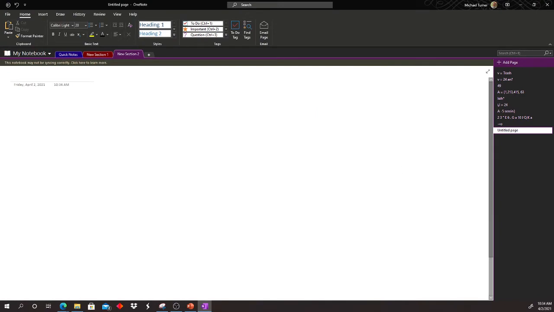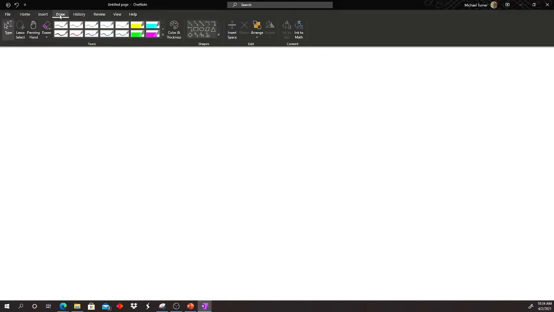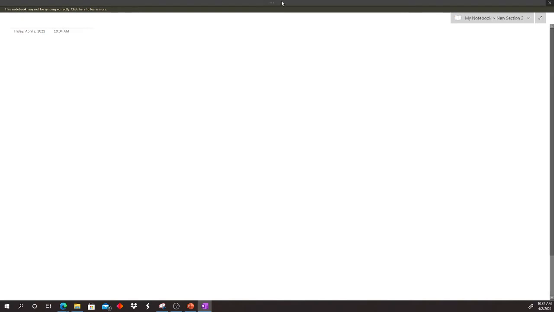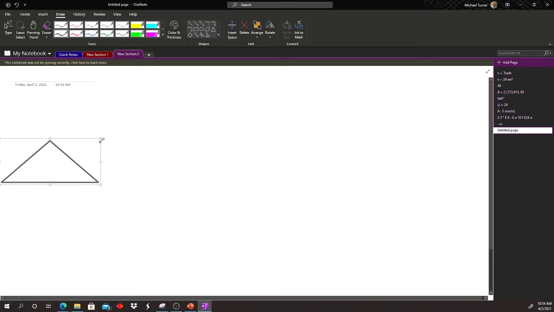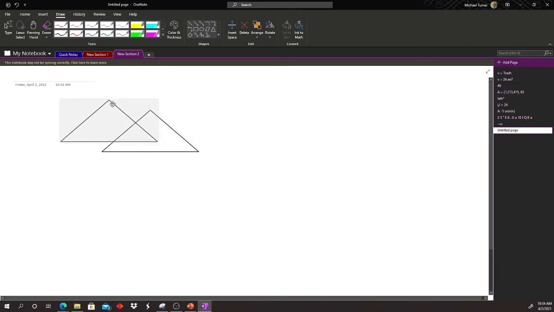Let's start a new page here. Our law of sines is looking at a triangle, and again, it doesn't have to be a right triangle. So for law of sines, we have a triangle.